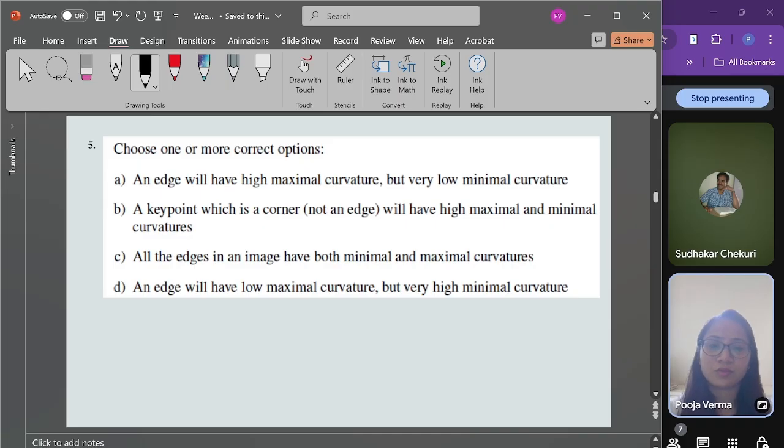So which options should be correct? An edge will have high maximal curvature but very low minimal curvature, that is option A. Okay.